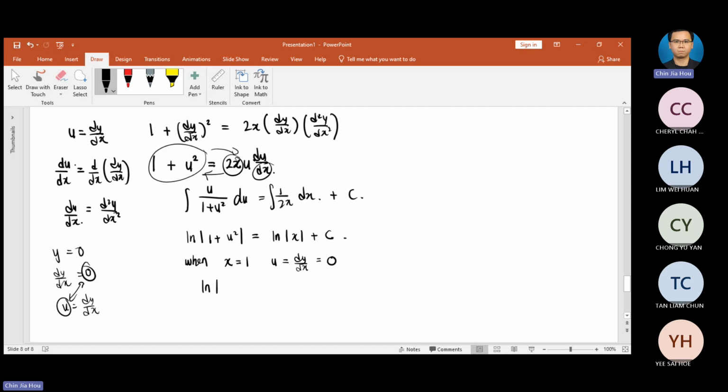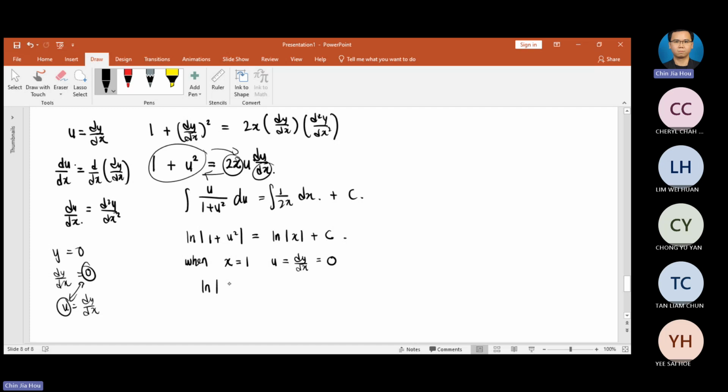The other statement just so happens that in that initial condition, y and dy/dx have the same value. u and y, no relationship. u and dy/dx, they are the same. u is the derivative of y. In that case, do not confuse yourself with y equals dy/dx equals 0. That is only when x equals 1. Understand? Okay, good.